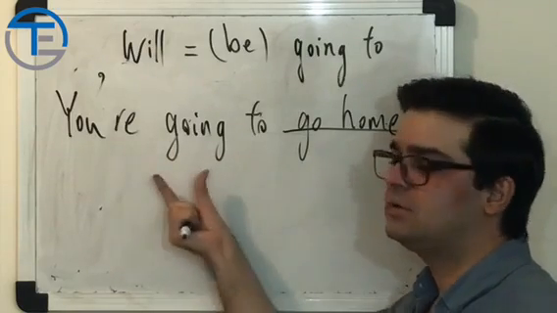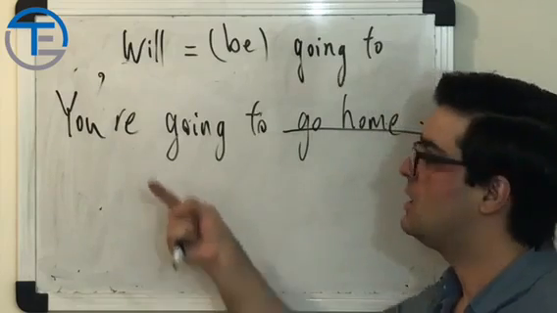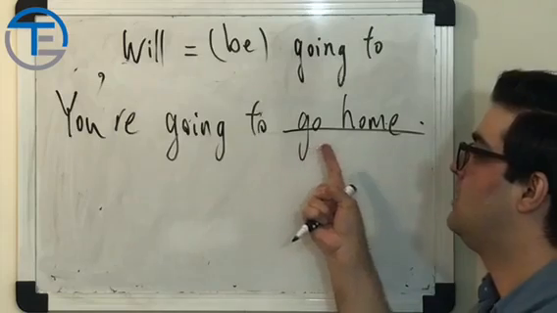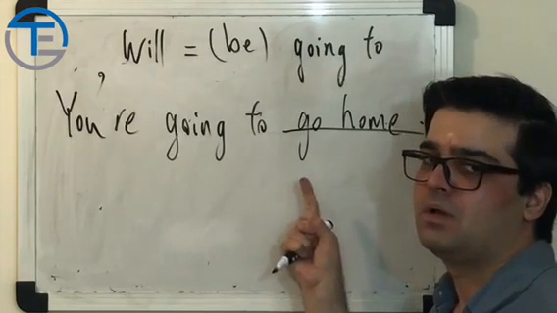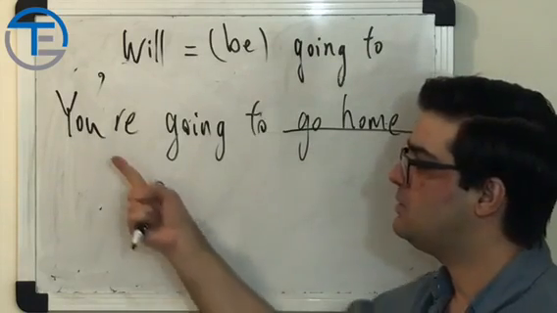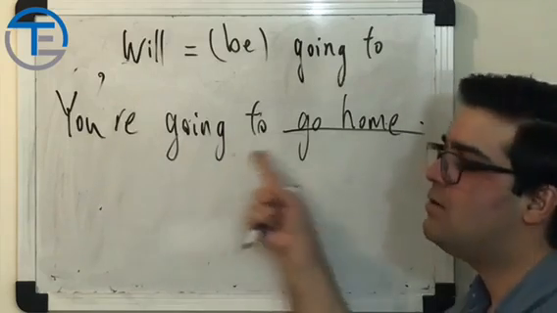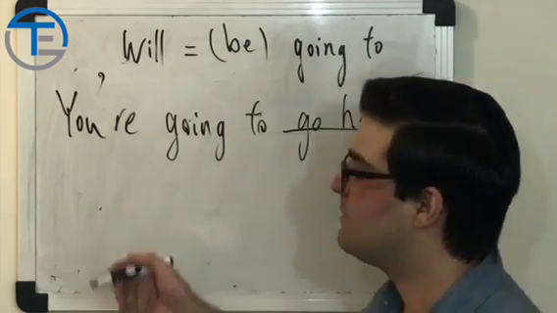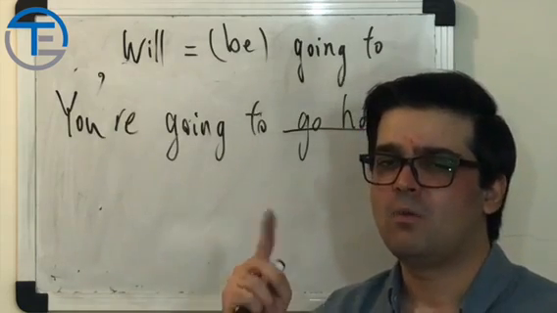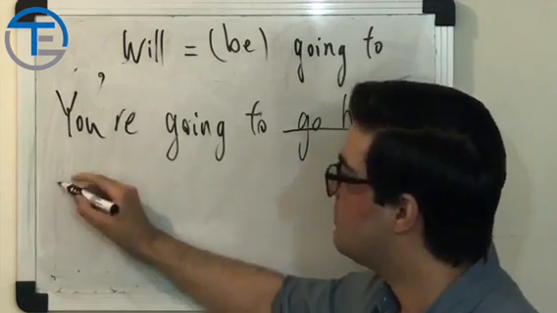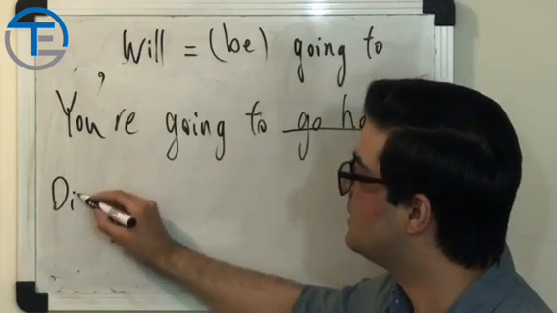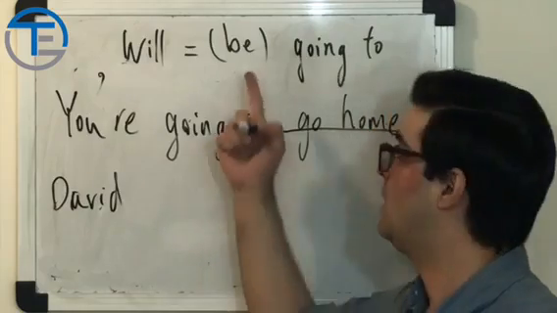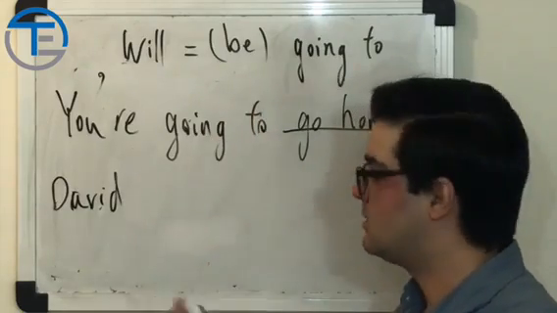Are going to, it's the same as saying you will go home. But most people use be going to. You're going to go home. Or for example, if I use one subject that is name, one person, David. David is, or David's.